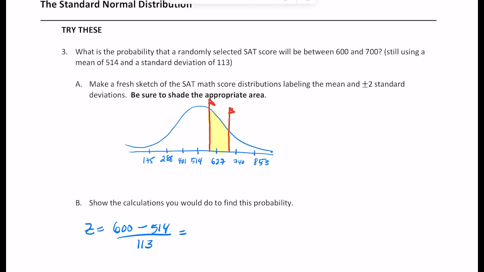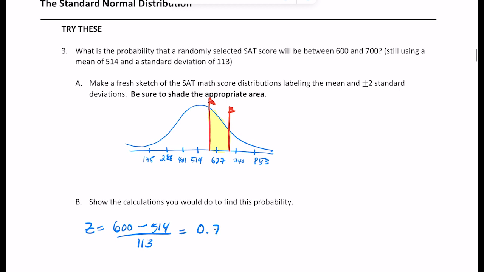And when you do that, you get 0.76. So that tells me that someone that scored a 600 on their SAT scored 0.76 standard deviations above average. And then we already know for the 700 that was calculated before that the z-score was 1.65.